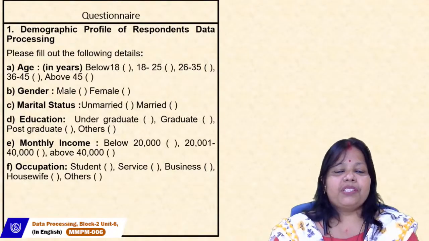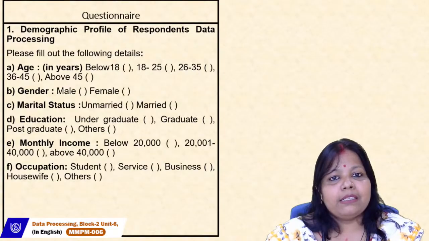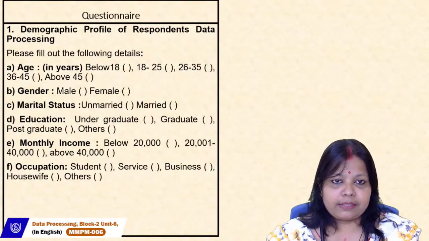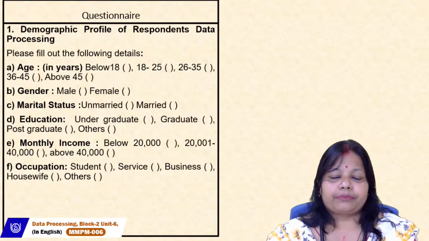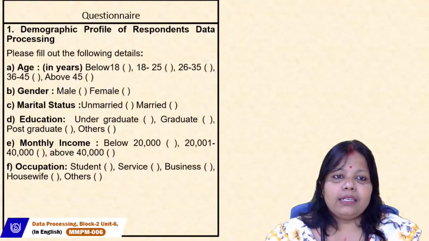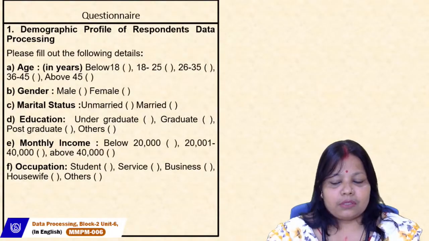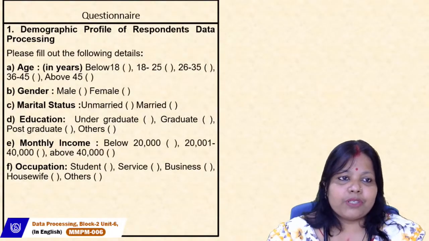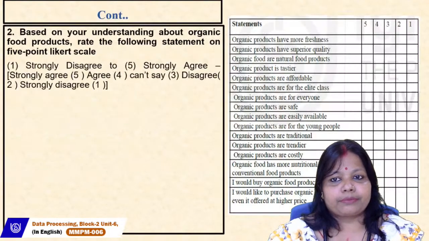So these are the basic questions which should be placed first, at the starting of the questionnaire, because from that only we understand whether the respondent is eligible or the right person to answer or not. So these questions are called the demographic profile of the respondent.